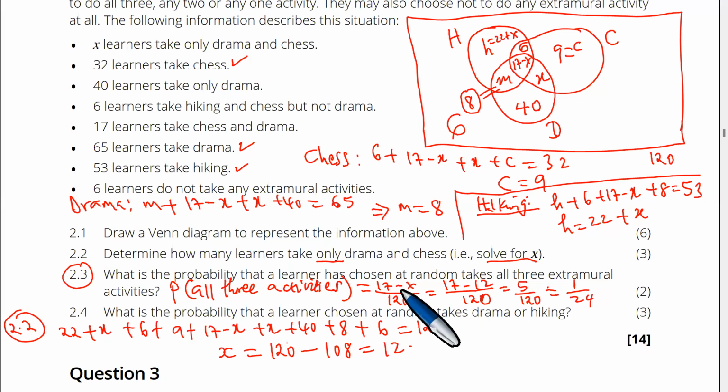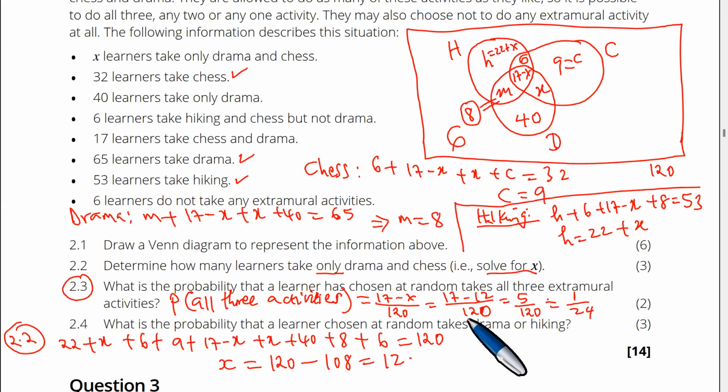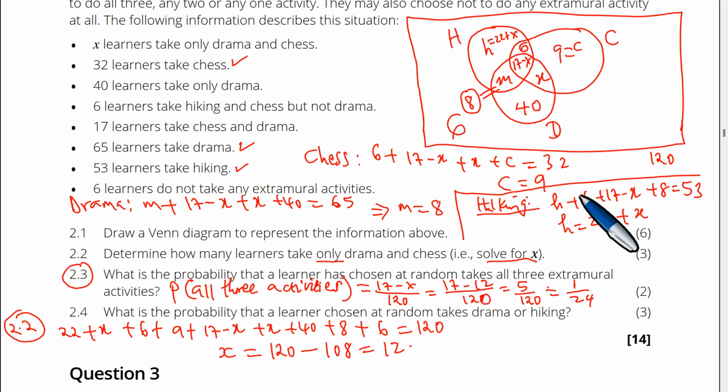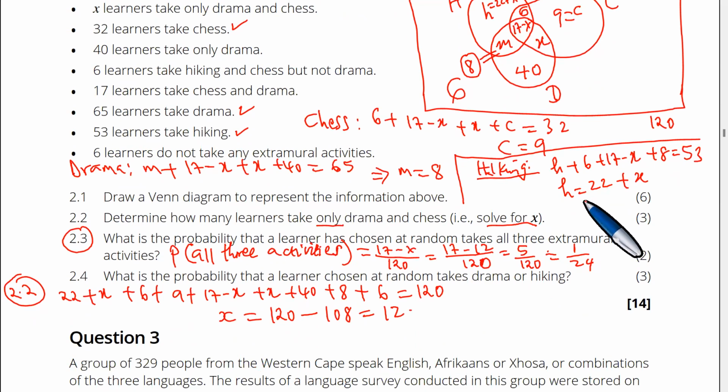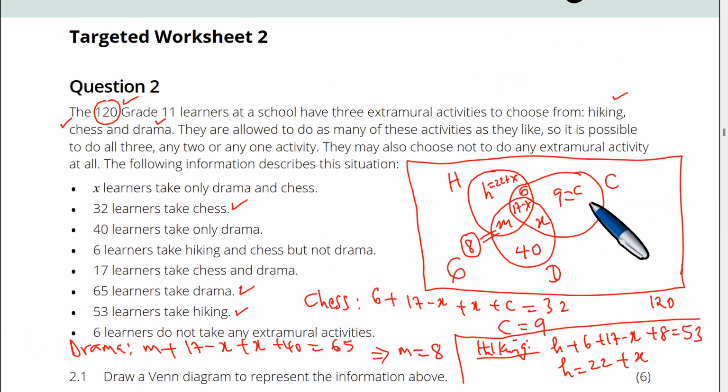What is the probability that a learner chosen at random takes drama or hiking? So either they take drama or hiking. Let's look at that question there in 2.4. Obviously, this one is a very interesting question. Drama or hiking.